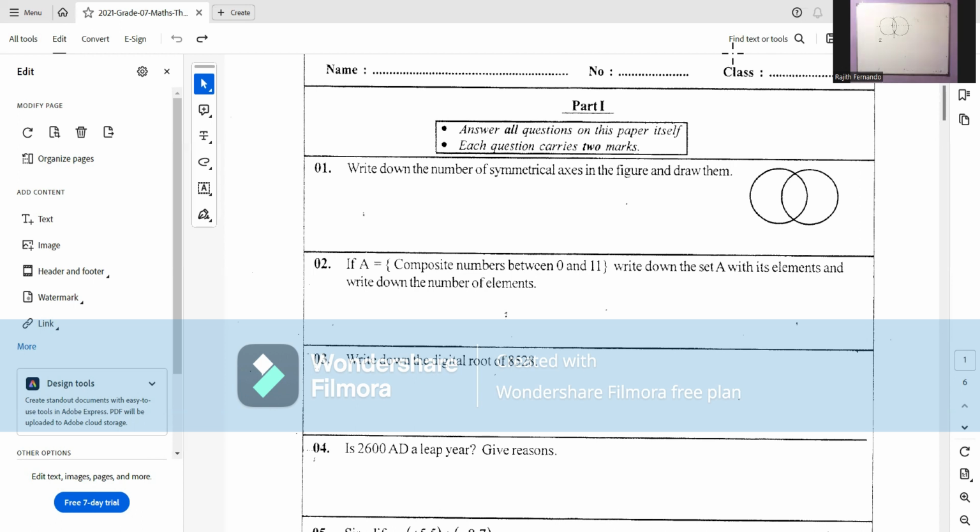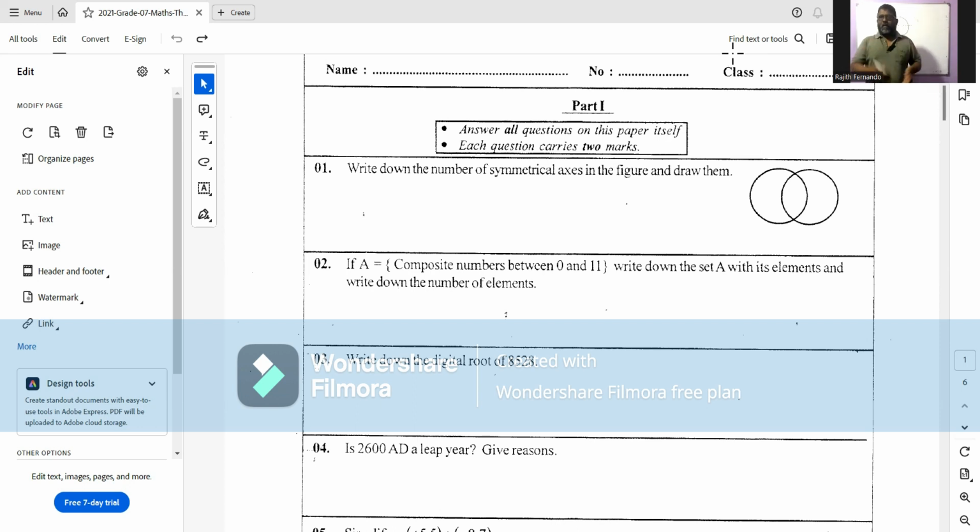Then the next one: if a composite number is between 0 and 11, write down the set A with its elements and write down the number of elements. When you're talking about sets, you have many ways to express your set.